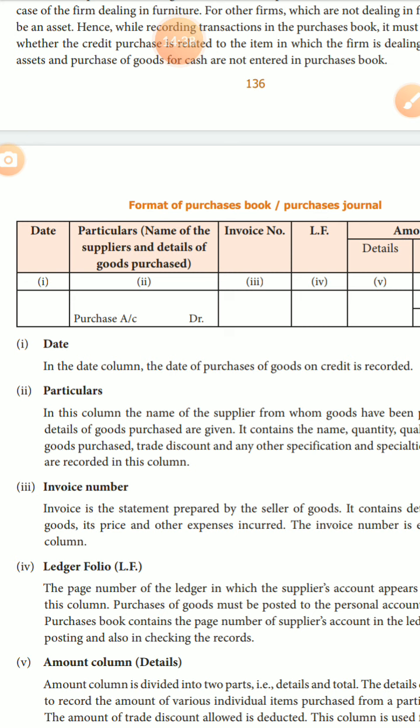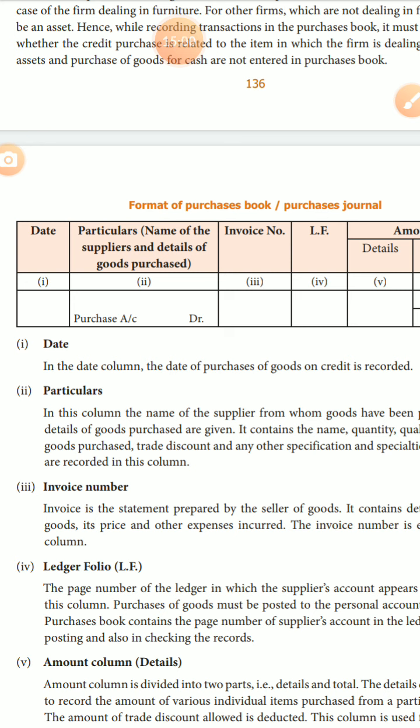Some service tax or GST, some discount, you write, and the total value goes in the total column. The details you add or subtract. Do not write directly in the total column.